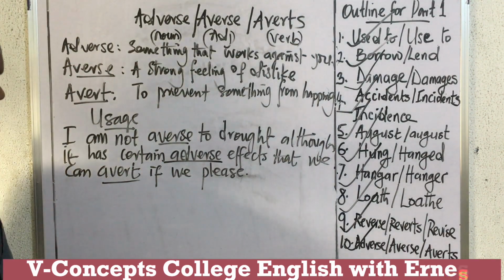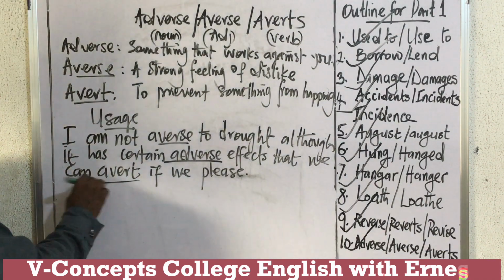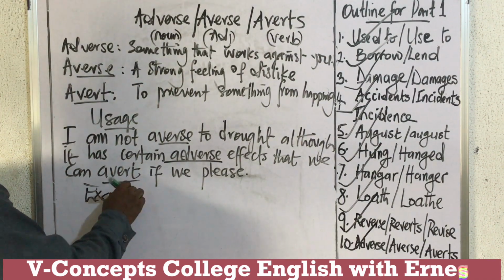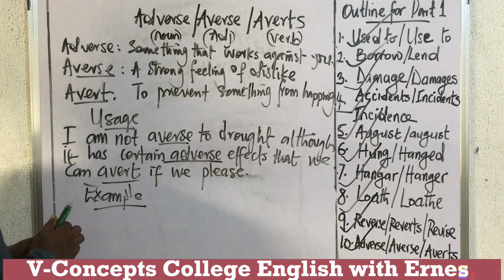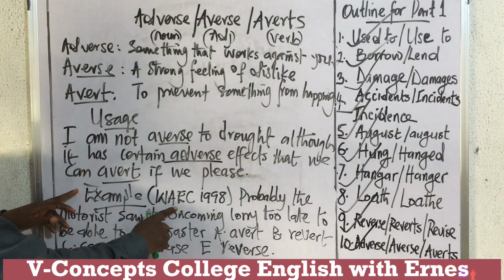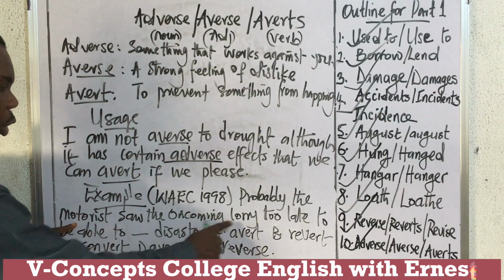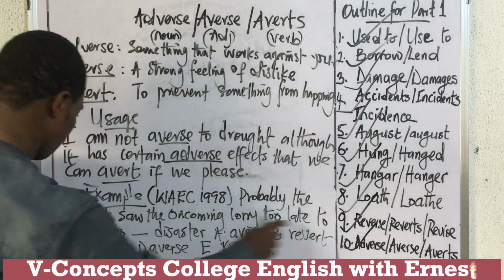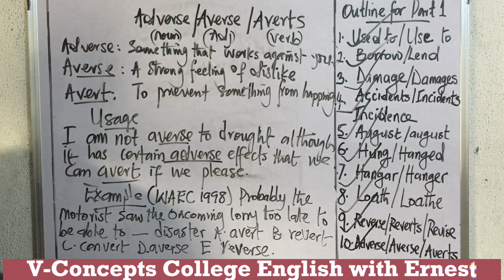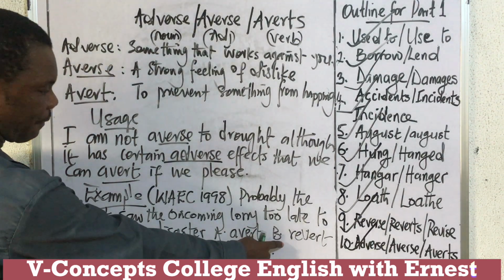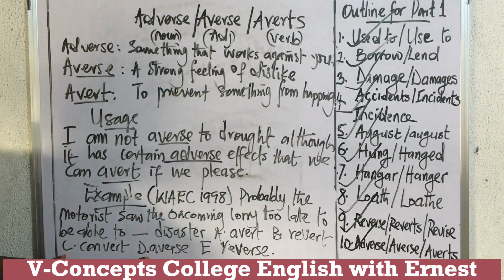Okay, so let's now go over the past exam questions and see how these words were used. WAEC 1998: Probably the motorist saw the oncoming lorry too late to be able to avert disaster. A. Avert. B. Revert. C. Convert. D. Adverse.